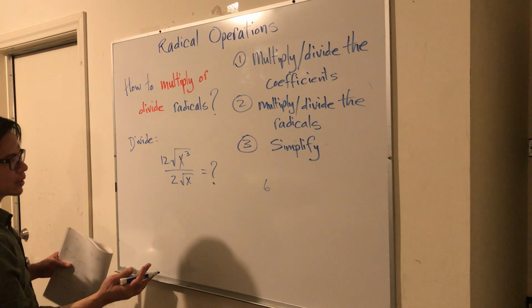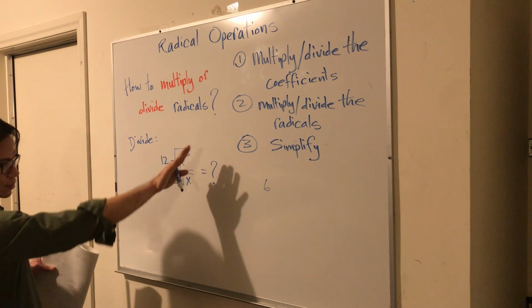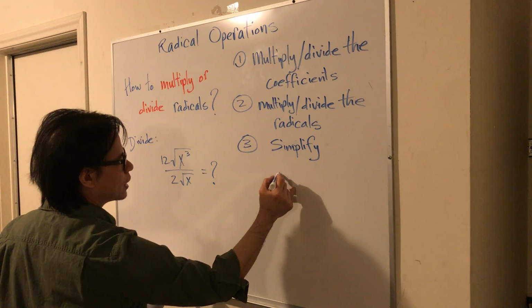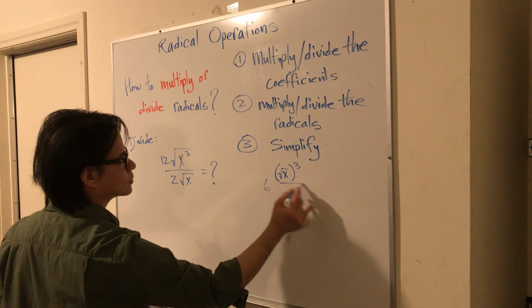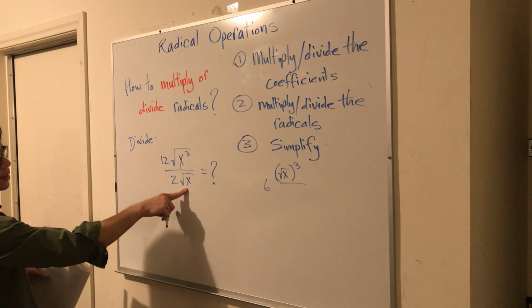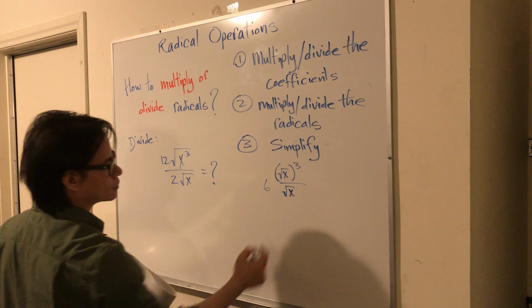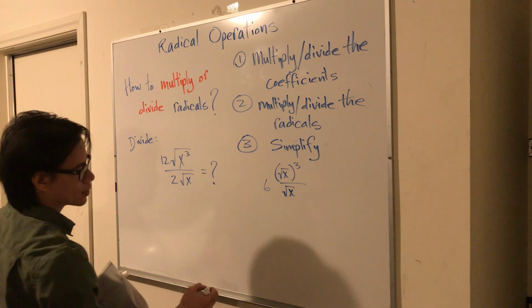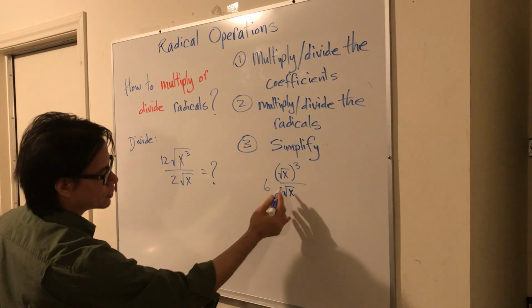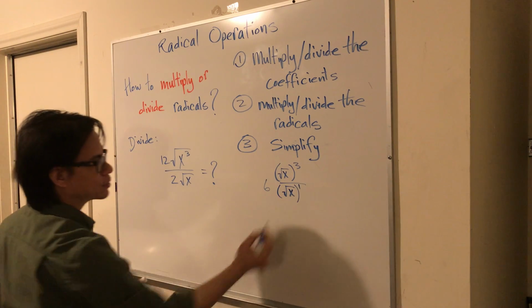Now for this, there's 2 ways of looking at this. The first way is that we can bump the 3 to the outside. So you have square root of x to the third, okay? And then here you have square root of x. Some of you might visualize this as square root of x to the first.